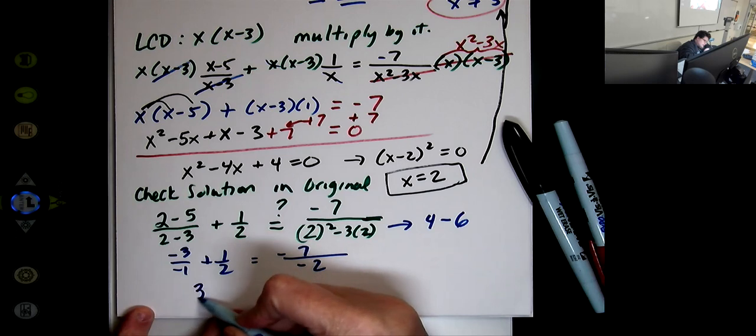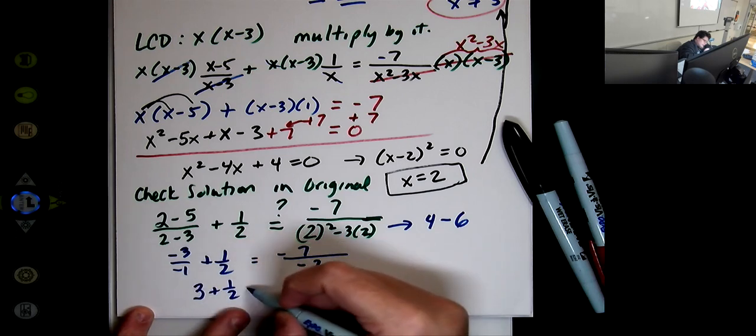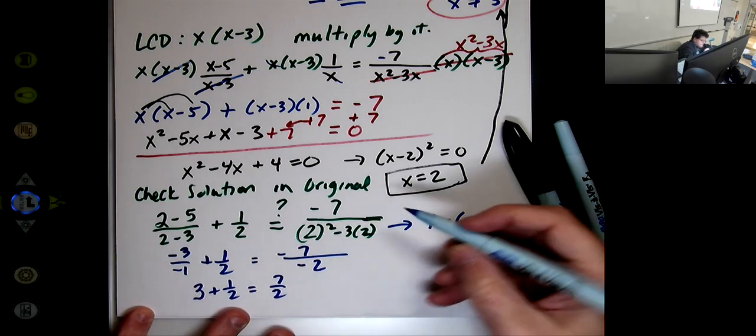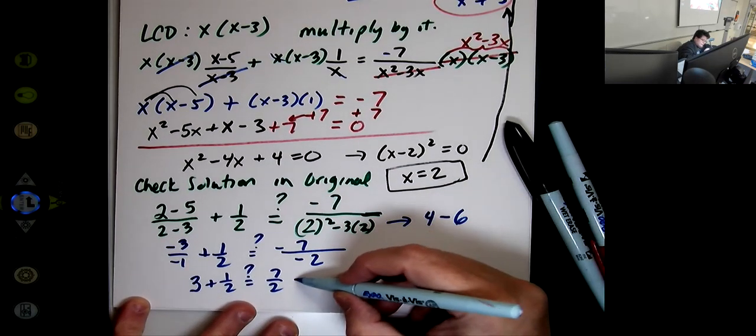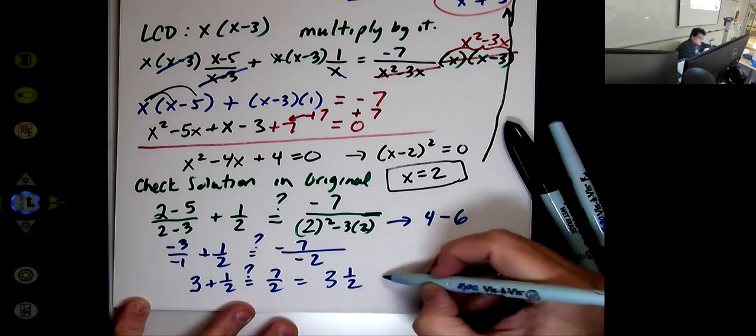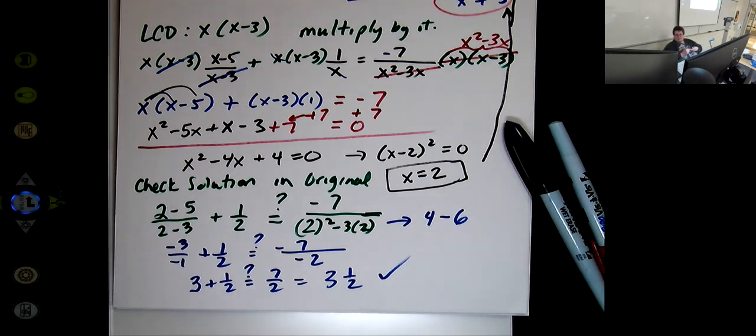So does 3 plus 1/2 equal 7/2? Yeah, that's 3 1/2. So both sides equal, and so x equals 2 is a valid answer. Is that done? Is that everything you could hope it would be?